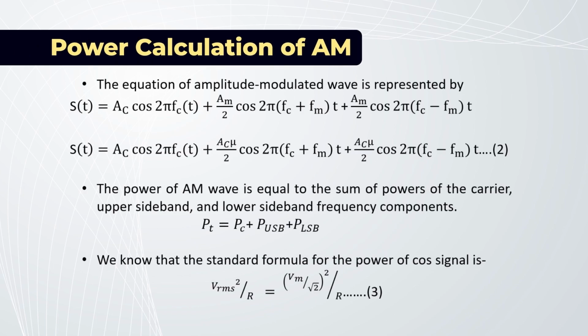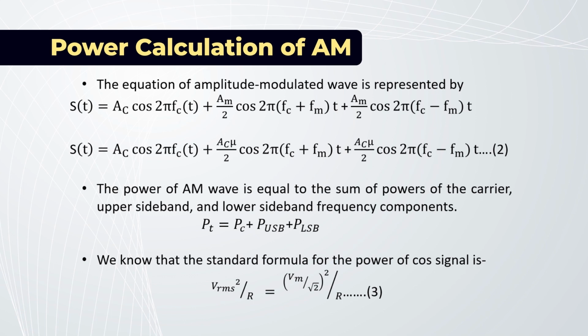The equation of the amplitude modulated wave is represented by s(t) = Ac cos 2πfct + (Am/2) cos 2π(fc+fm)t + (Am/2) cos 2π(fc−fm)t.